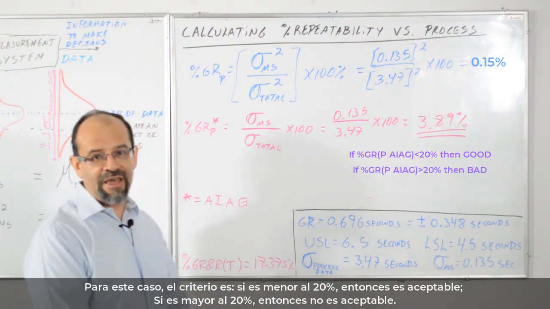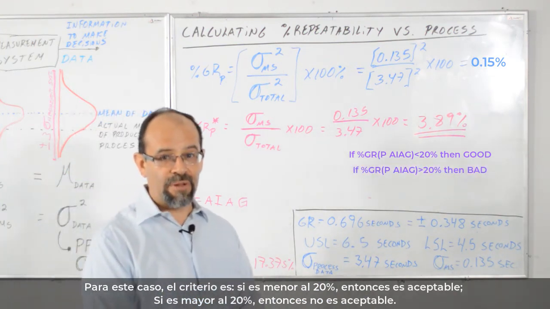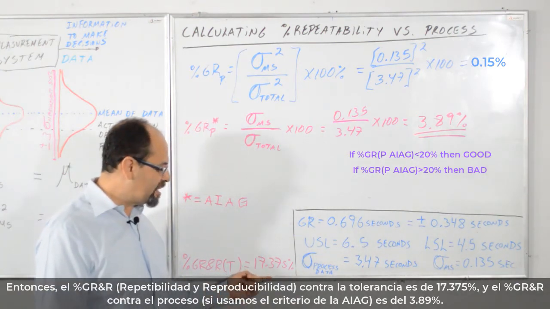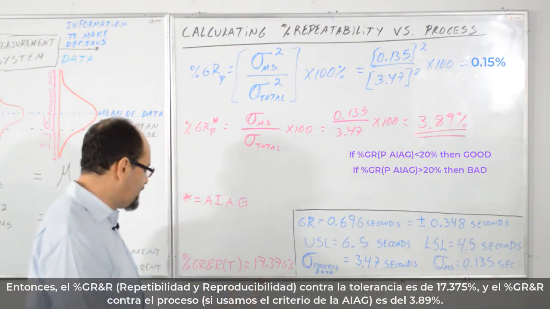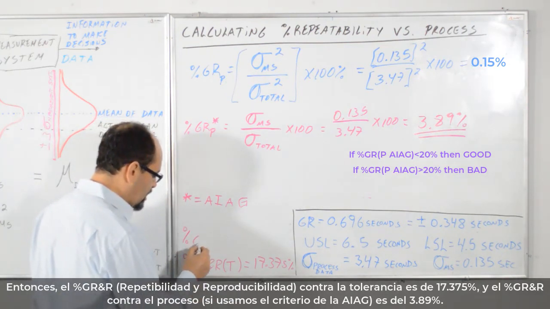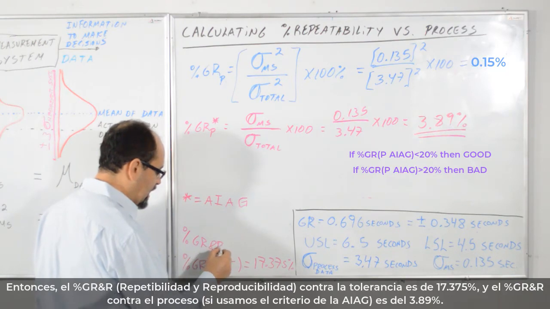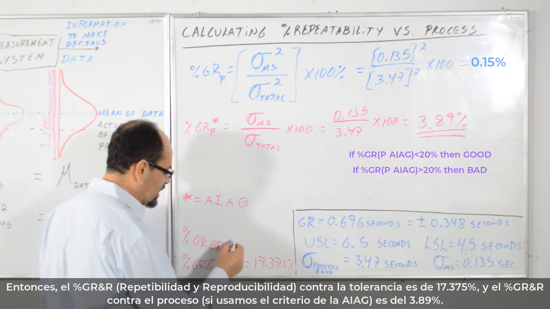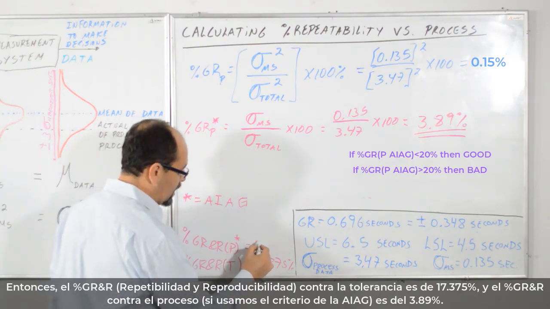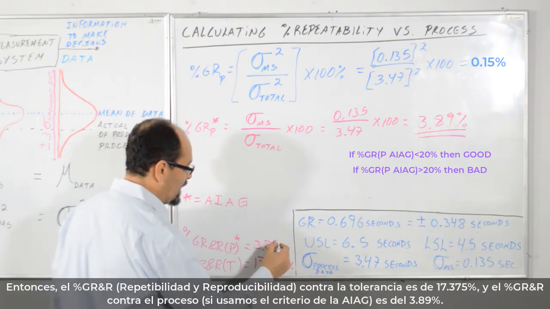If greater than 20%, it is not acceptable. So the percentage of GR&R against tolerance is 17.375%, and the percentage of GR&R against process, if we use the criteria of the AIAG, the automotive industry, is 3.89%.